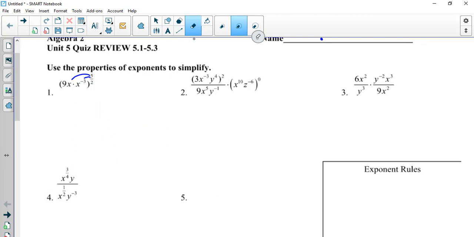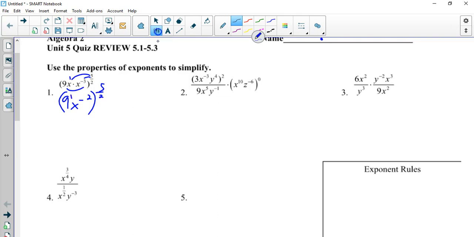But I would suggest what you do is combine these first. So, again, this is a 1. Keep the base, add the exponents. 1 plus negative 3 is negative 2. Now you could move it down to the bottom right now and do 9 over x squared and then send the exponent in.